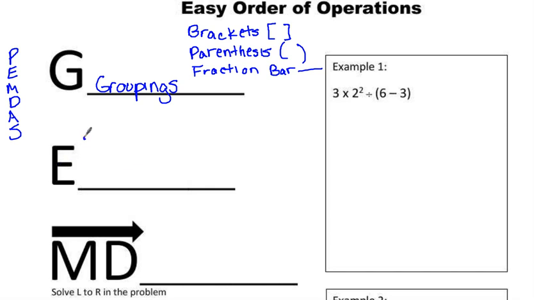The next one is the exponents. Okay, so exponents, remember, it's that little number that's up in the top corner.